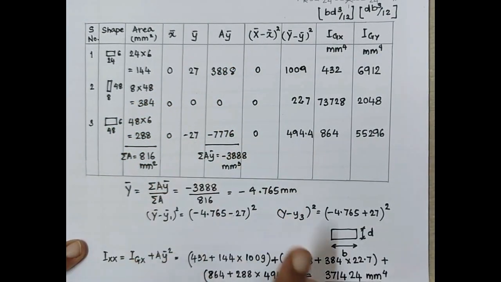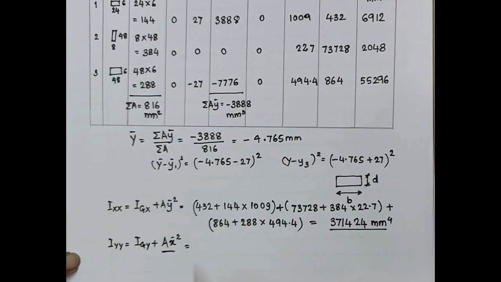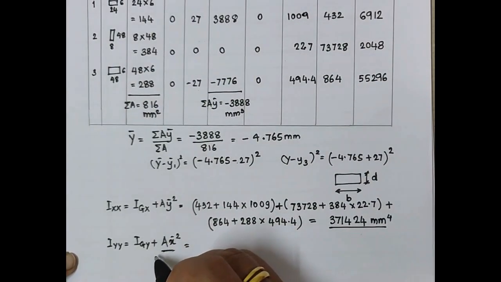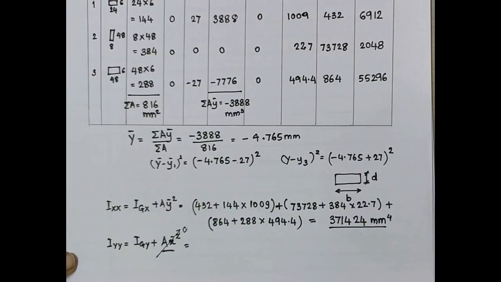Now, these 0 terms indicate that this portion over here, ax square, will turn out to be 0. But that does not mean that the overall moment of inertia is 0. It simply means that this component for all the rectangles are turning out to be 0 in this case.